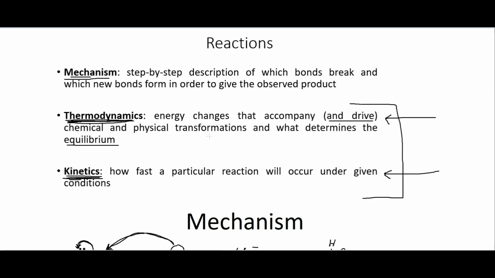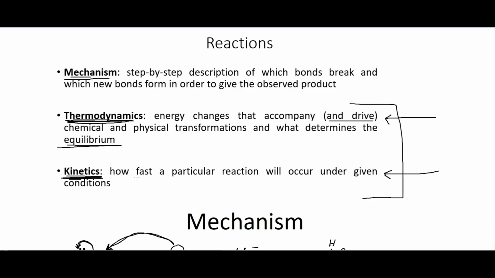Thermodynamics has to do with what is actually favorable, and that gets into equilibrium. So is the reaction going from reactants to products going to be favorable? And so is it going to be spontaneous, or is it something that you have to put energy in to actually do? Then kinetics is the rate at which a reaction will occur.